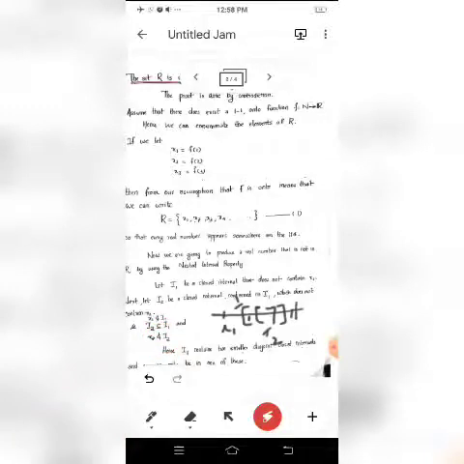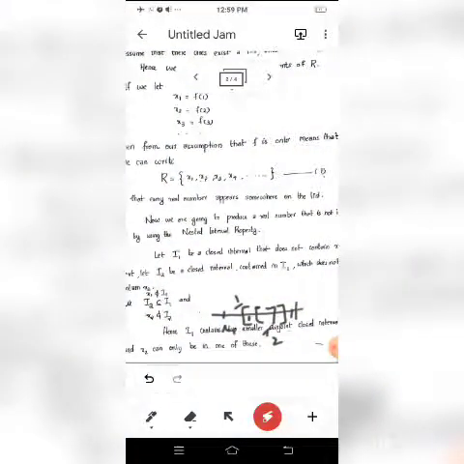First we take I1 as a closed interval that does not contain x1.